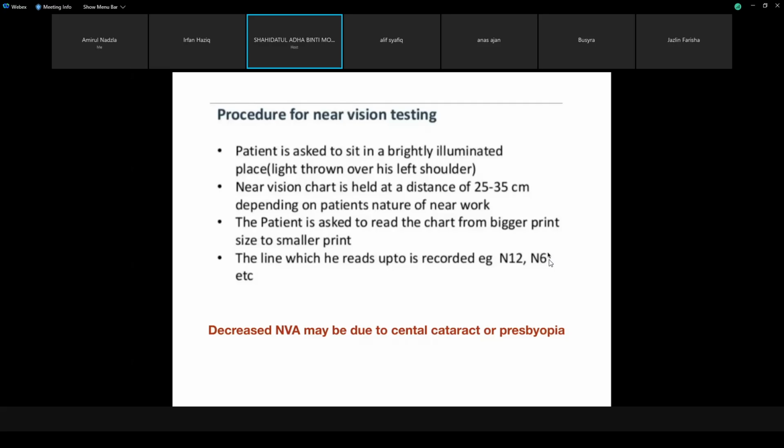It is N, referring to near, and then the 12/6 refers to the point size that the patient can read. So decreased near visual acuity may be due to central cataract or presbyopia, or those who have already had intraocular lens implantation without the natural lens.